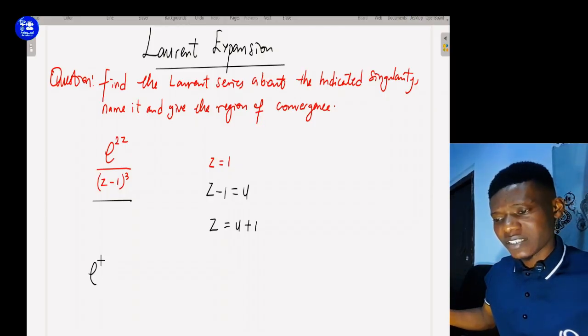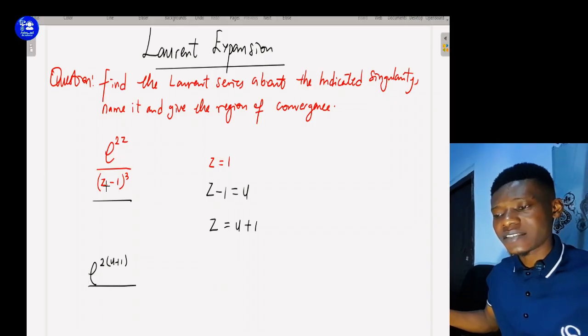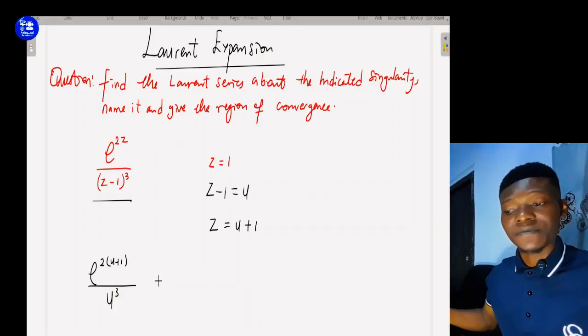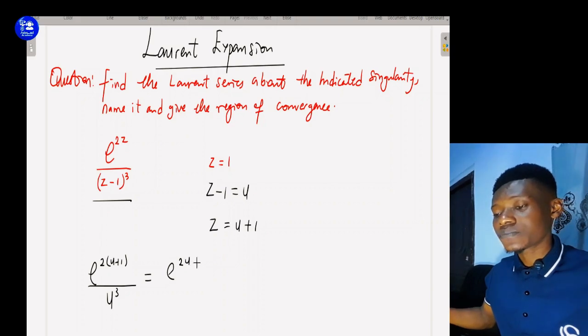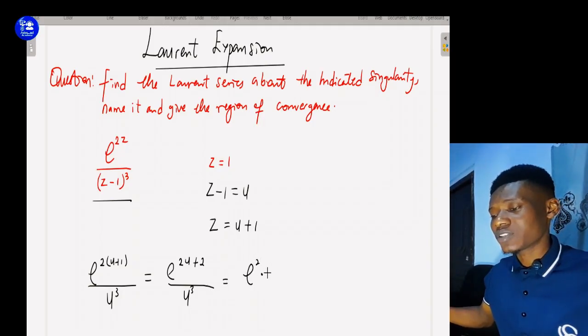Since z equals u plus 1, and since z minus 1 is the same thing as u, we can write this as u to the power of 3, which can be further simplified to e raised to power 2u plus 2 over u raised to power 3, which is still the same thing as e raised to power 2 multiplied by e raised to power 2u.